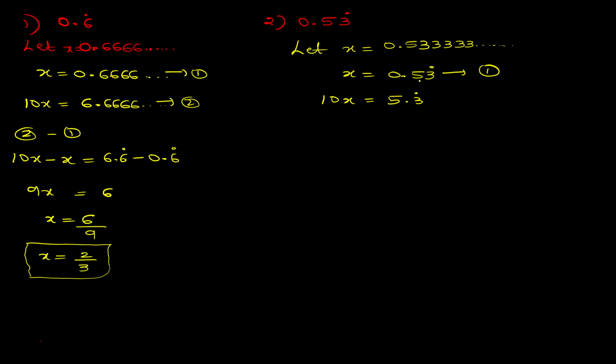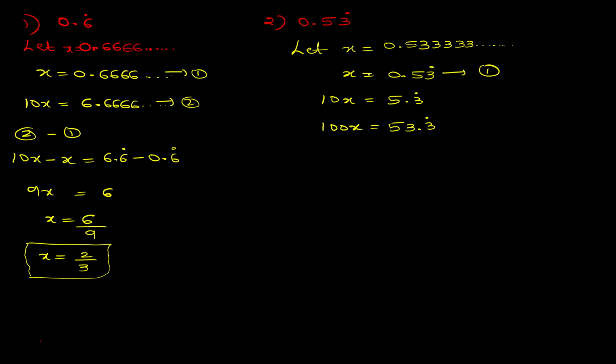Now we have two equations. Just check if the decimal parts are the same. Here it says 5.3 and here it says only 3, so they are not the same. So we are going to have another equation where we multiply by 100. So x multiplied by 100 will be 100x, and 0.53 dot will change to 53.3, and since the 3 is recurring, we can have one more 3.